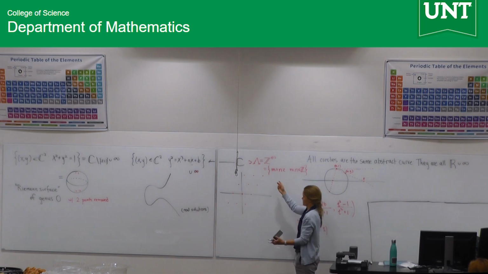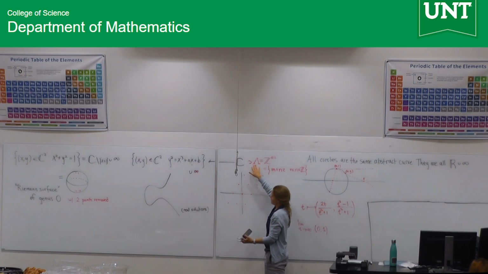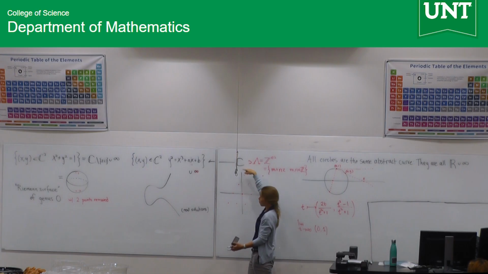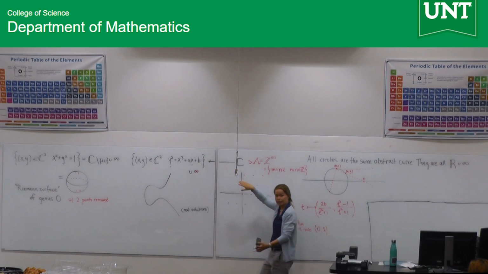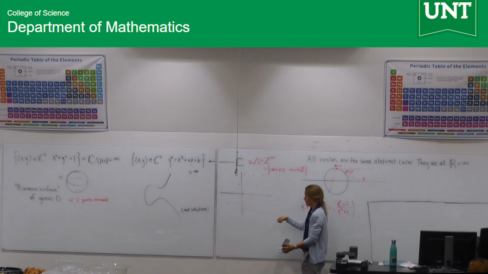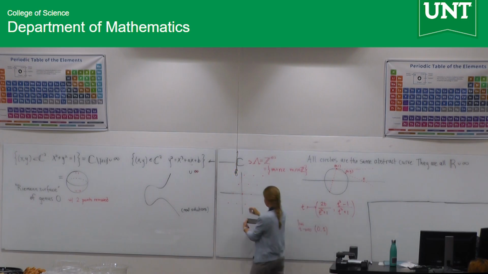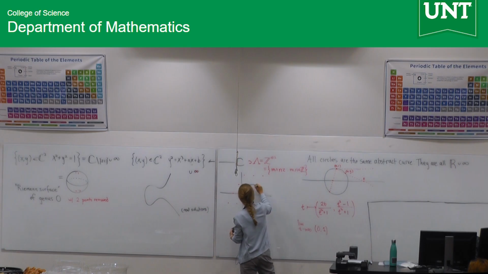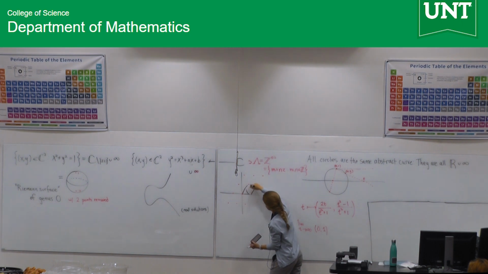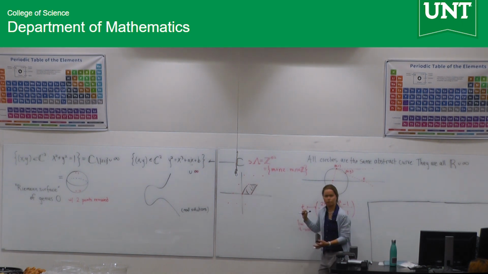Another way to say that is this map is like the quotient map. You just view this as a subgroup of this. And every coset is represented by a point in this region here.